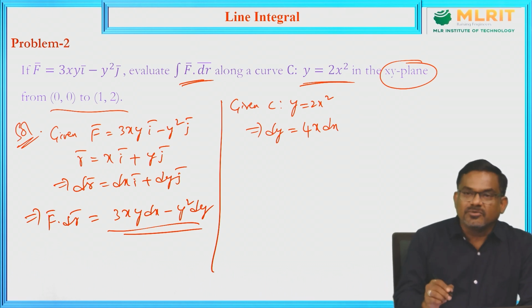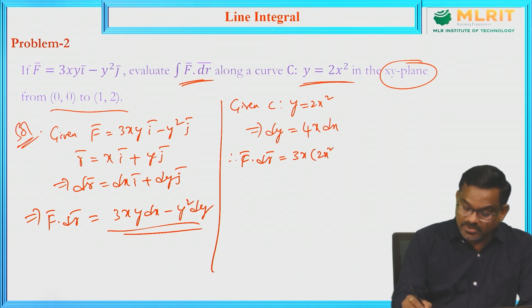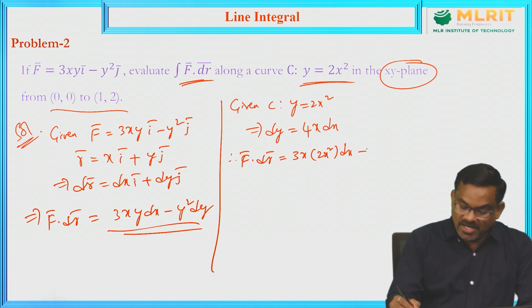And now, I need to find the limits also. So, completely I am writing this in terms of x. Therefore, F bar dot dr bar is 3x into y, which is 2x square, dx, minus 2x square whole square into dy, which is 4x dx.